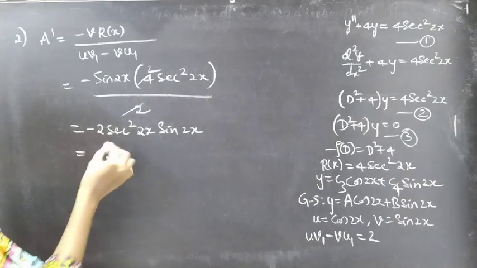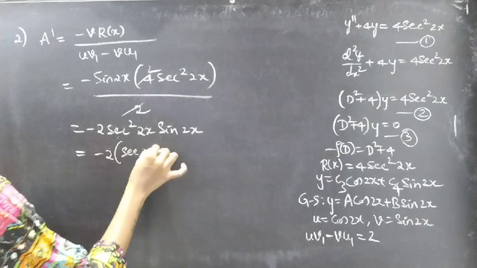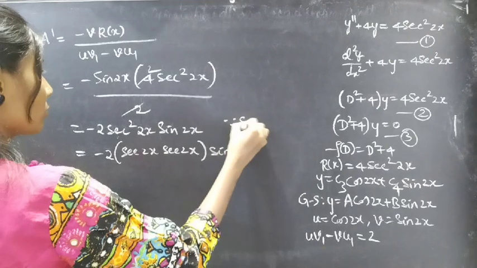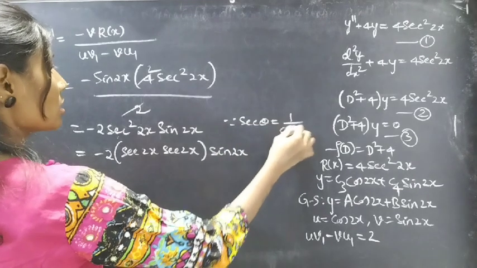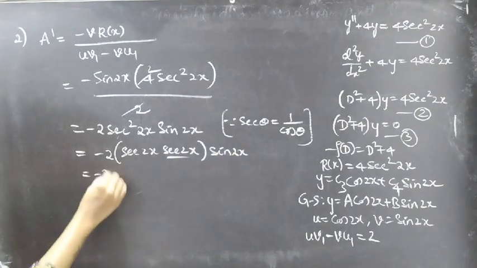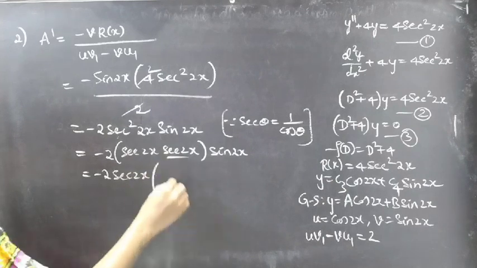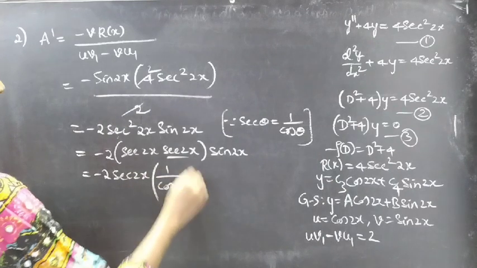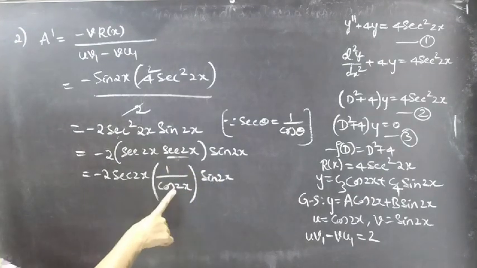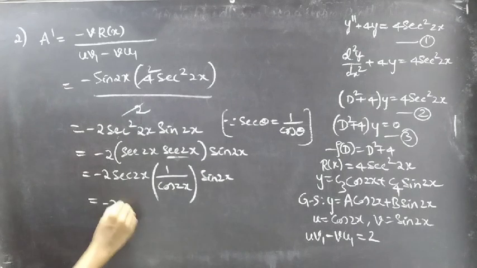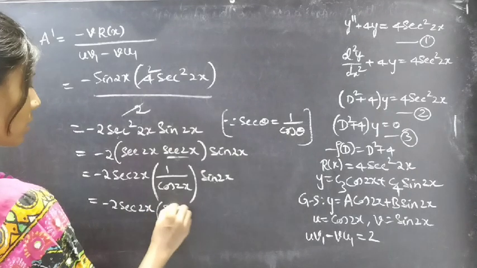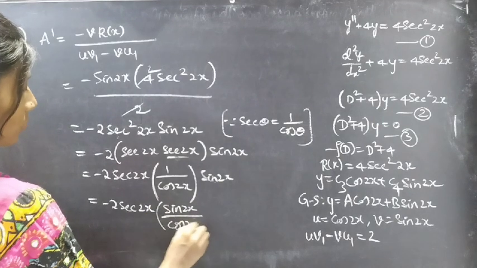Now we can write secant square 2x as secant 2x into secant 2x. Since we know that secant theta is the reciprocal of cos theta, just replace one secant 2x with the reciprocal of cos 2x. We'll get minus 2 into secant 2x into the reciprocal of cos 2x into sin 2x, which equals minus 2 secant 2x into 1 by cos 2x into sin 2x, that is sin 2x by cos 2x.